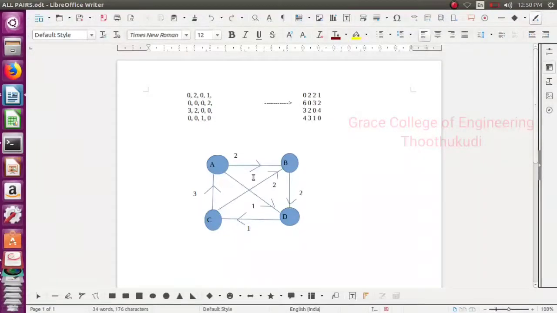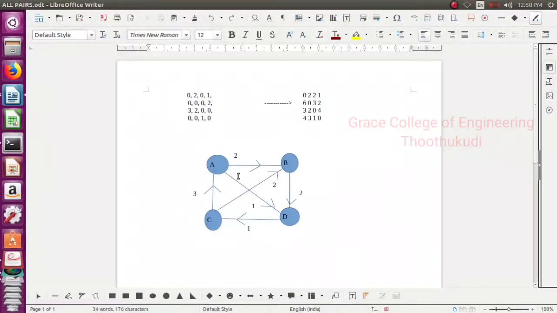The next one, C to D, here we have two paths. First one is C to A to B, B to D, where the cost is 3 plus 2 plus 2, which is 7. The next one is C to A to D, where we have 4 only. So the shortest distance is 4.